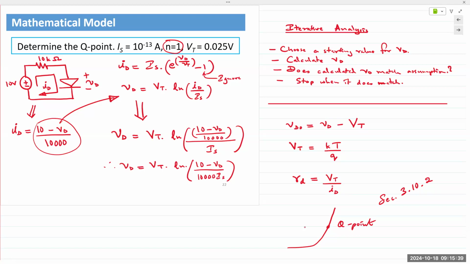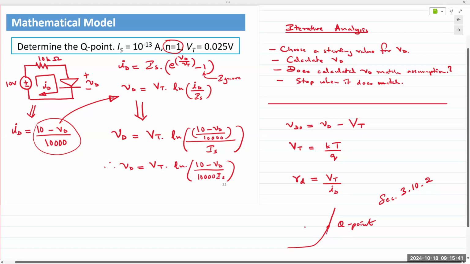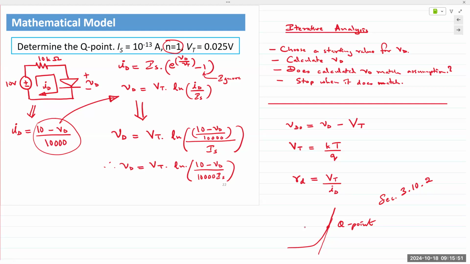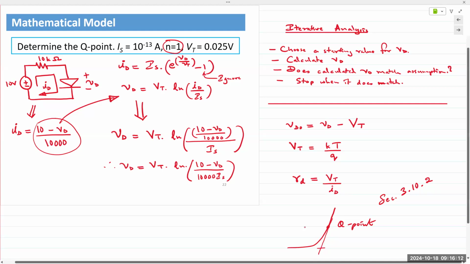And we draw a line that intersects the x-axis right there. Again, the Q point is unknown. That is the goal, to find the position of the Q point. So if we treat it as linear, and say that the Q point linear line intersects the x-axis somewhere, that point is VD0. Right there, the intersection with the x-axis.